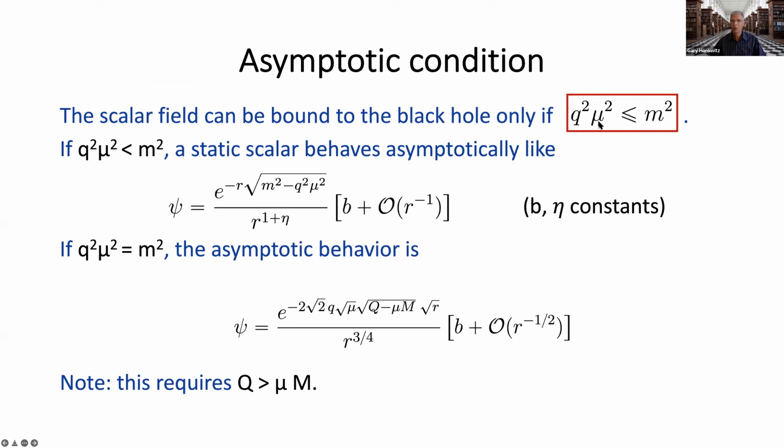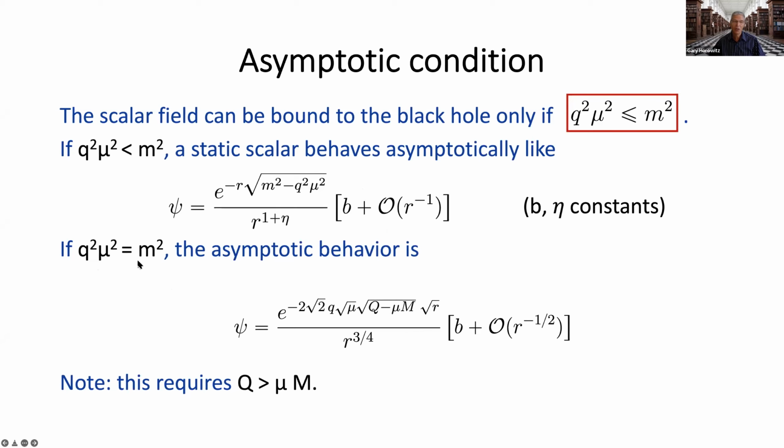Q squared mu squared must be less than or equal to m squared. If Q squared mu squared is strictly less than m squared, a static scalar behaves asymptotically as shown here. It falls off exponentially, as you might expect for a bound state. And you have two constants, b and eta.